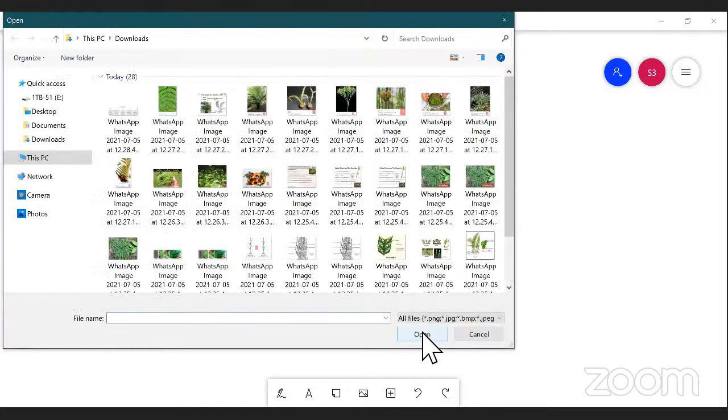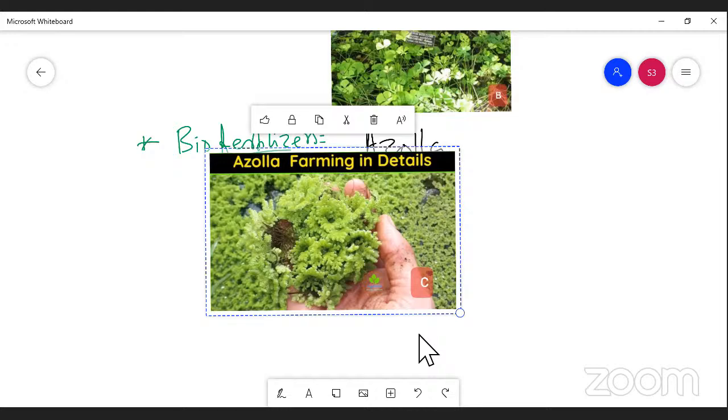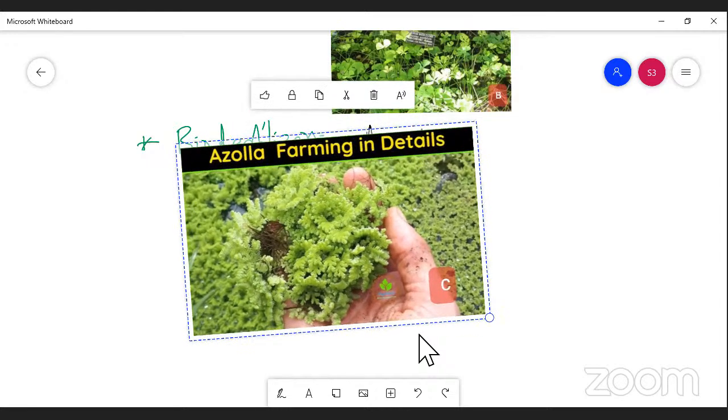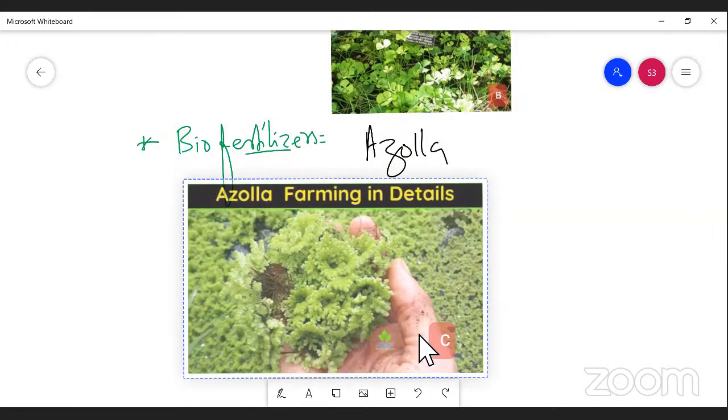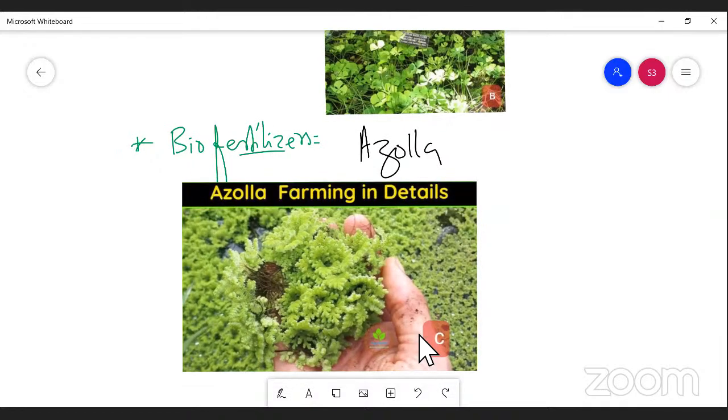These Azolla plants are used for enriching soil fertility, so widely it is used in agriculture. These plants fix atmospheric nitrogen, and with their help the crops are able to yield a higher quantity.